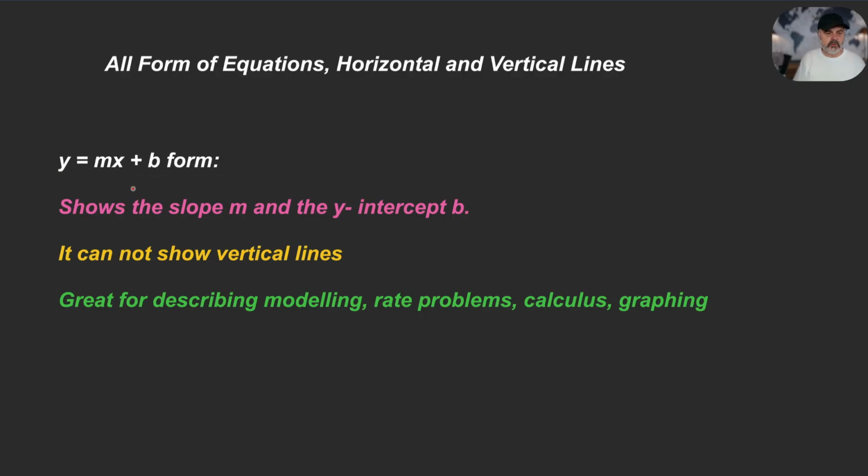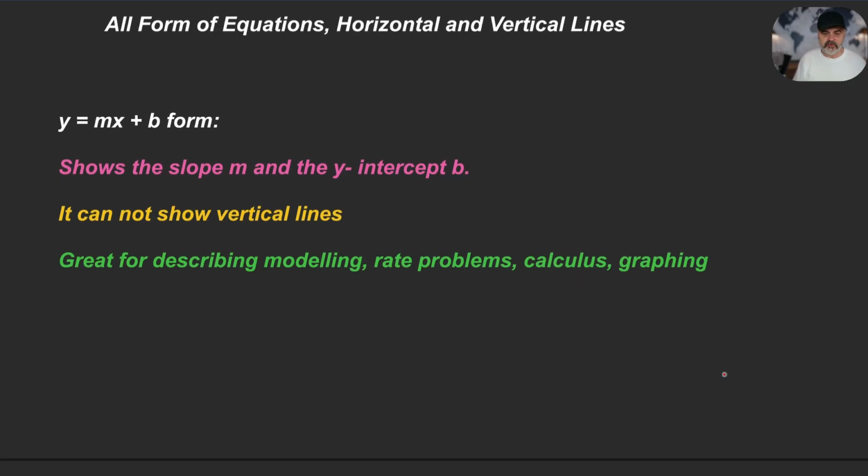However, this equation of a line does not allow you to create an equation when the line is vertical. So that is a challenge for us, to create a vertical line equation without using this particular form.